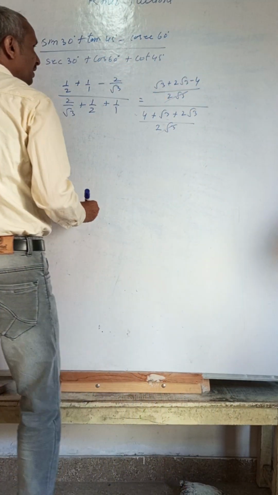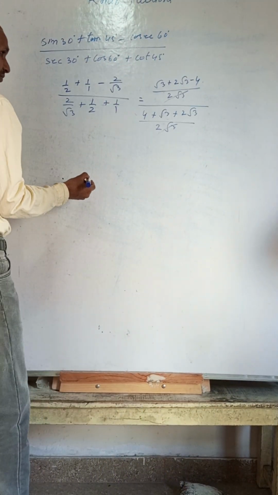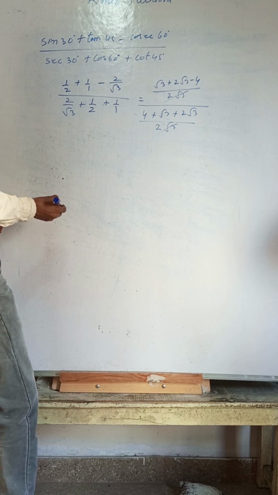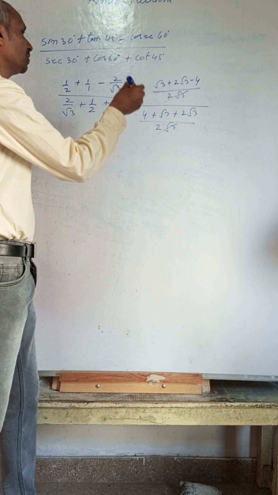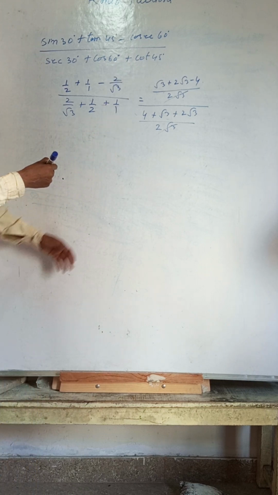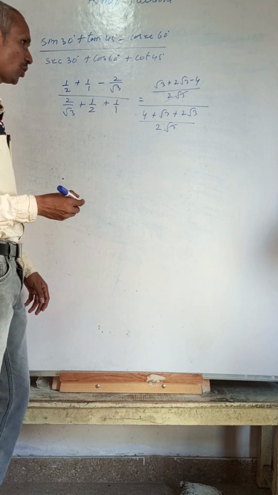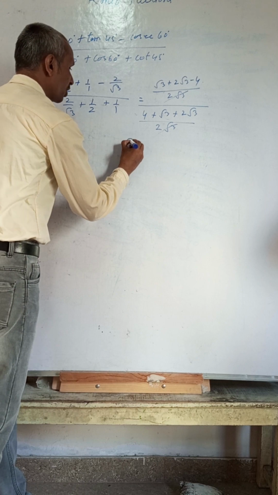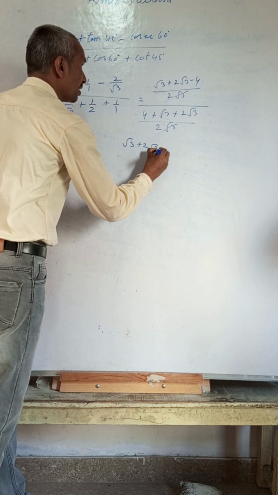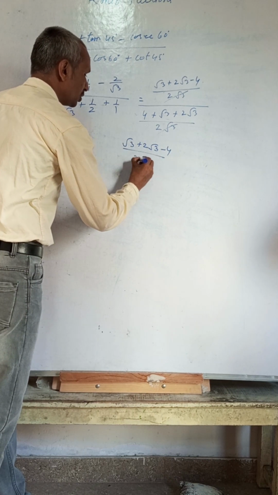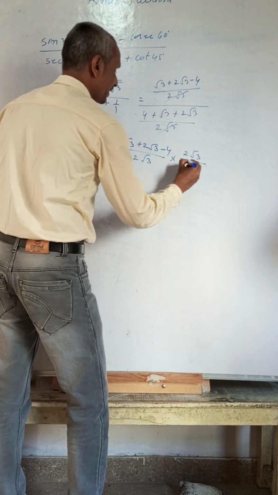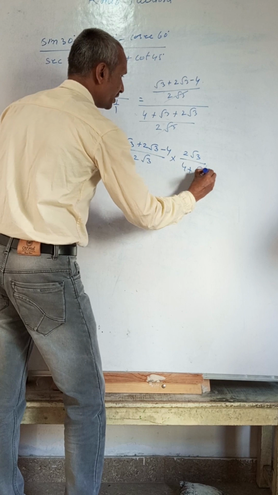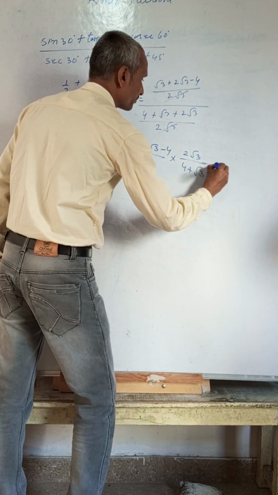Otherwise, you can write it in the reciprocal way, as a multiplication. If you don't understand, we can write it like this also: root 3 plus 2 root 3 minus 4, over 2 root 3, into the reciprocal, 2 root 3 by 4 plus root 3 plus 2 root 3.